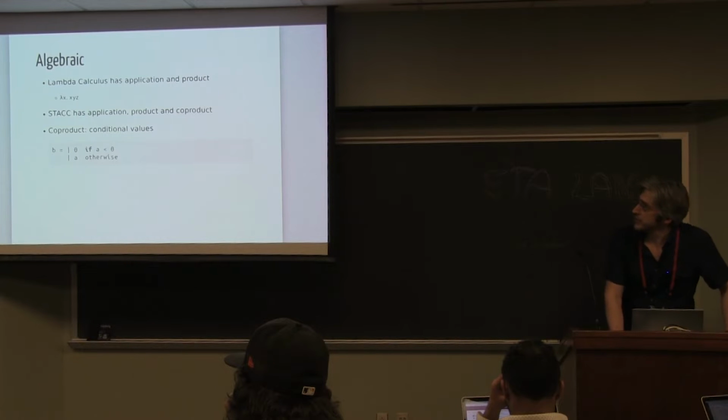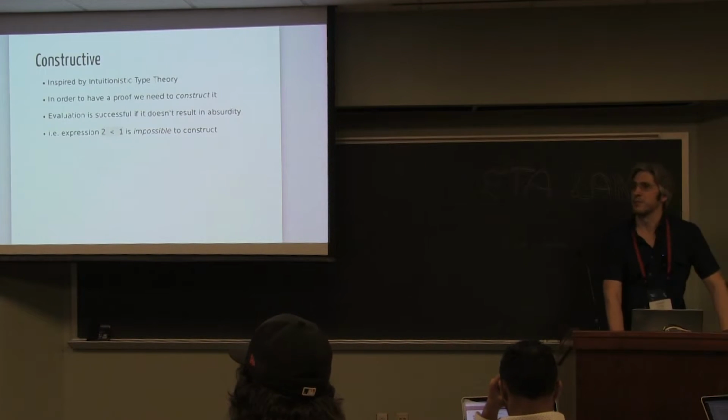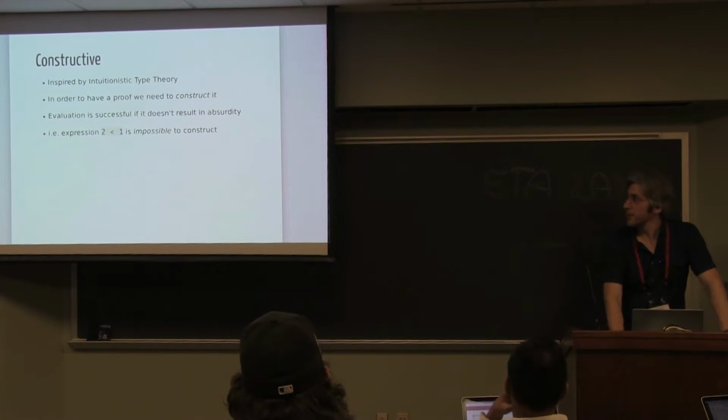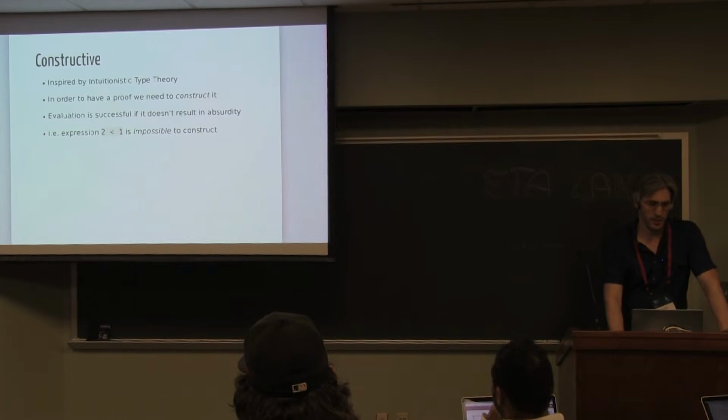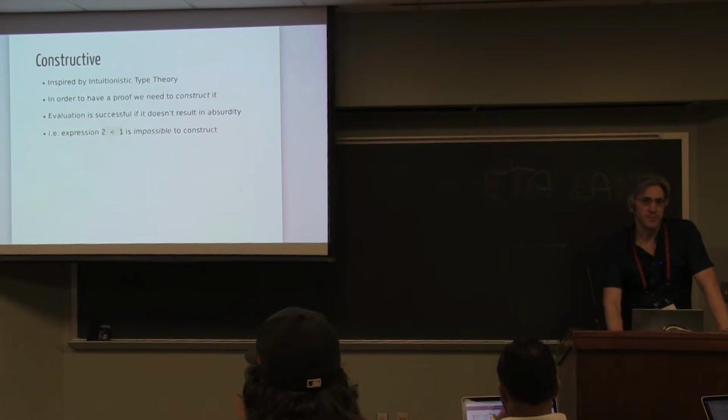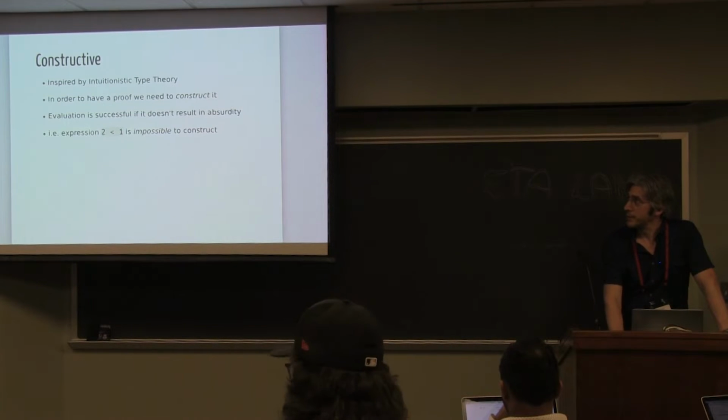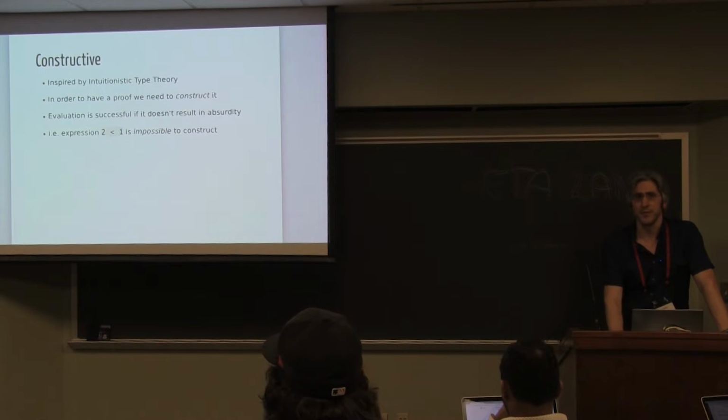And finally, constructive, inspired by intuitionistic type theory by Per Martin-Löf and this guy en vogue currently. And again, this is my interpretation of this, but the main theme of constructivism is that in order to have a proof, you need to be able to construct it.